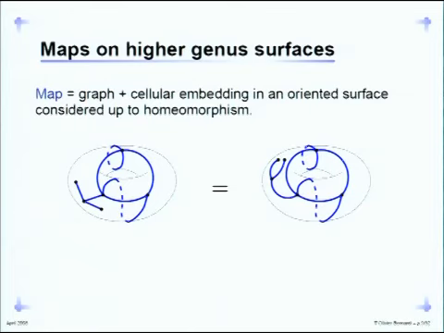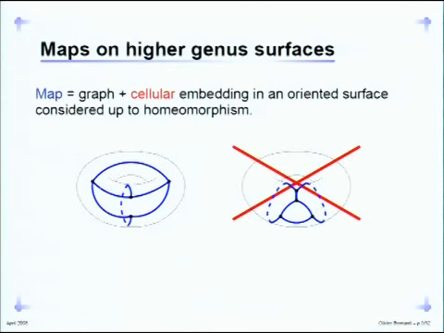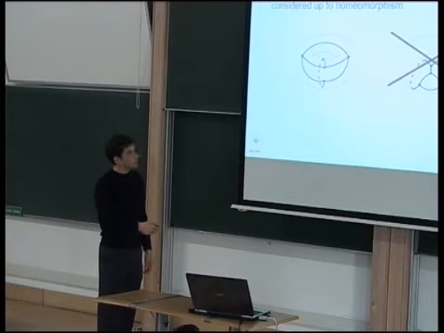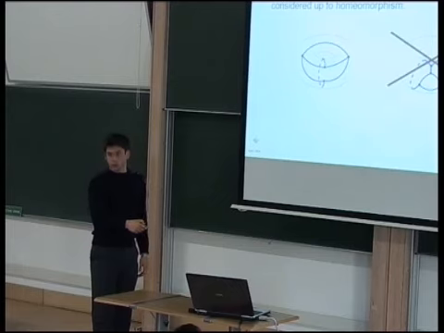So these two maps are the same. But you have to be careful about this word, cellular. It means that the faces, the connected components of the complement, have to be homeomorphic to the disk. So this is not a map in genus 1.